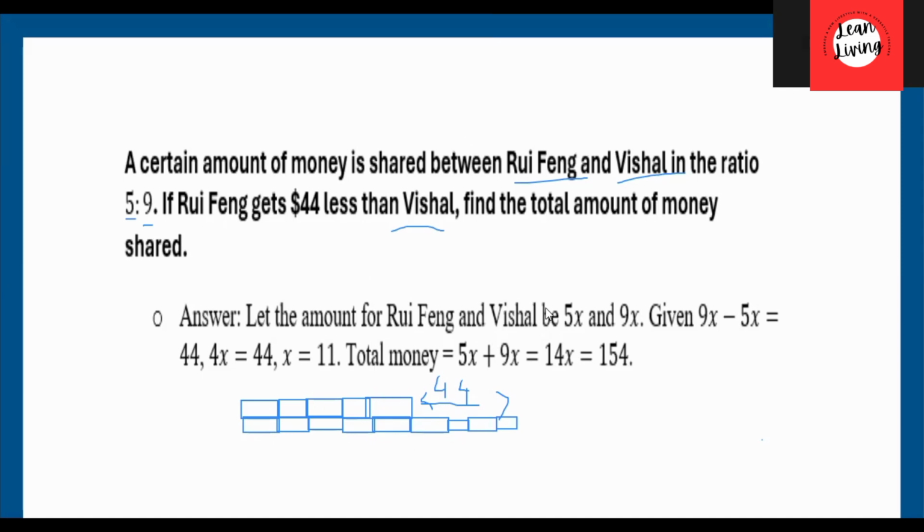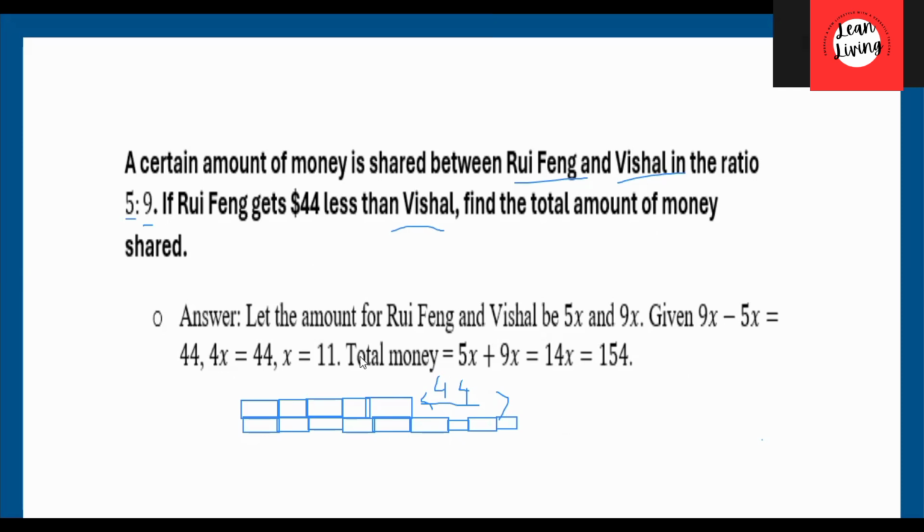So what you are going to do is 9x, this means 9 boxes, minus 5 boxes, and whatever money was between it, that is your $44. So 9x minus 5x is equal to 44, because 44 is the difference between both of them, because Ruifeng gets 44 less than Vishal. So 9x minus 5x is equal to 44. You get the value x is equal to 11.